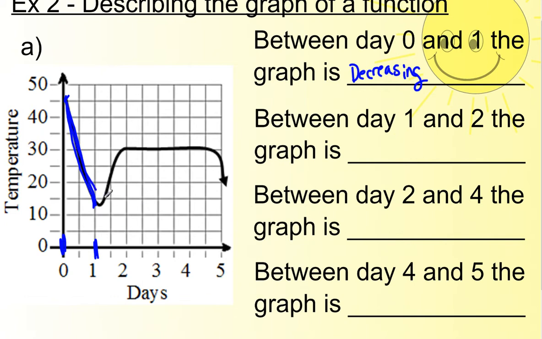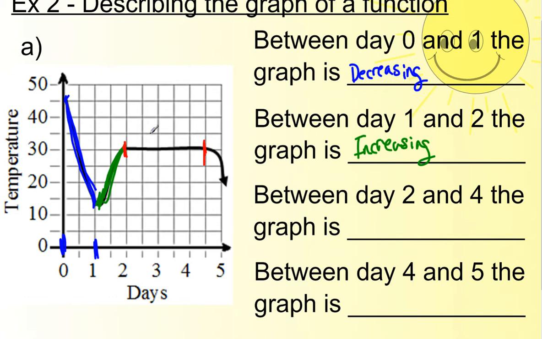Okay? Between days 1 and 2, ignore that little loopy part on there. But in general, between days 1 and 2, this graph is increasing because it's going up. Okay. And what about between days 2 and 4? Here's day 2, here's day 4.